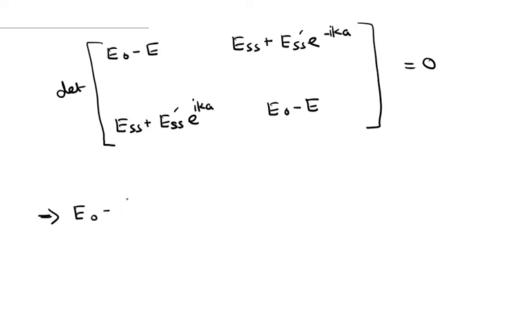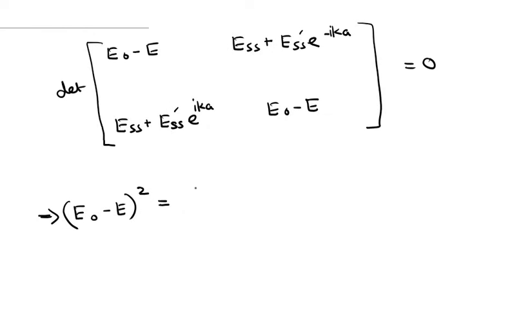So E0 minus E square is equal to, this is ESS square, this is ESS dash square.